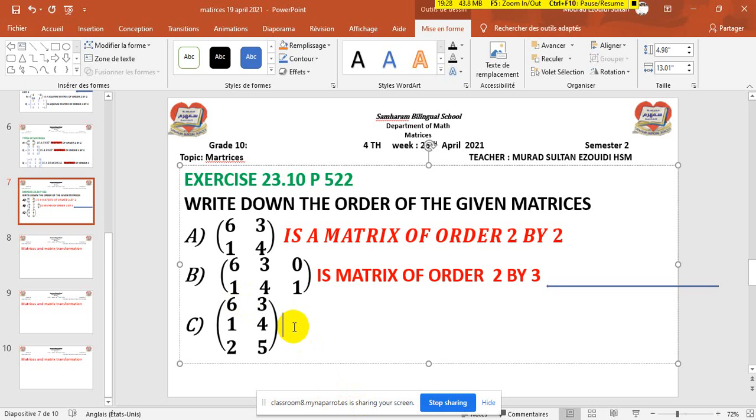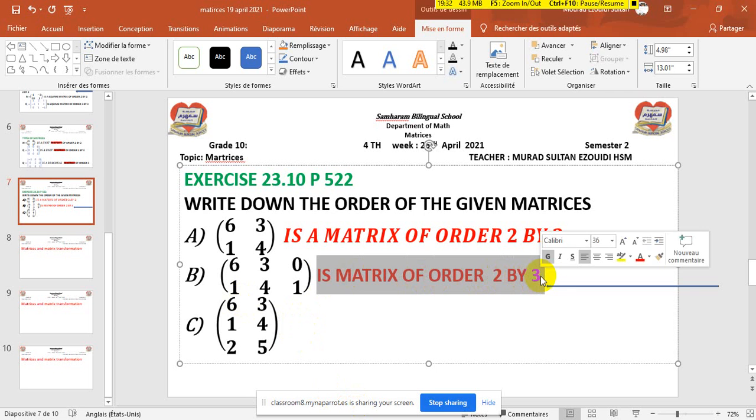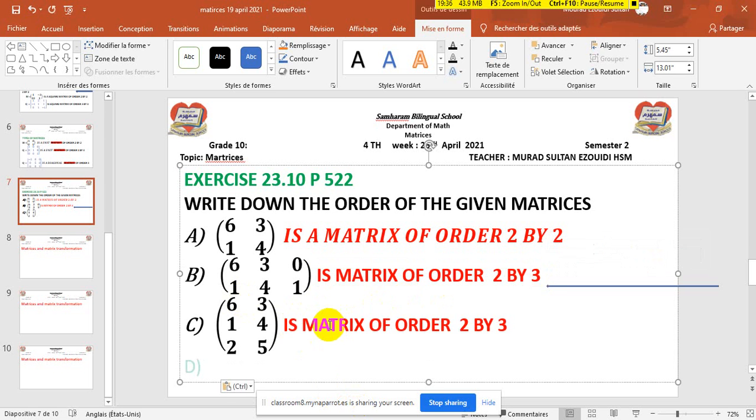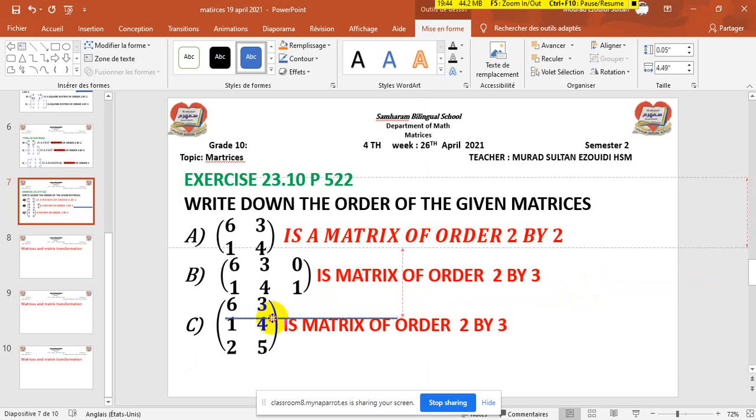So I will just write that it is a matrix of order 2 by 3. Just a moment. Your friend said 2 by 3 means we have 2 rows. But here, my daughter, how many rows do we have? Row number 1, row number 2, row number 3.